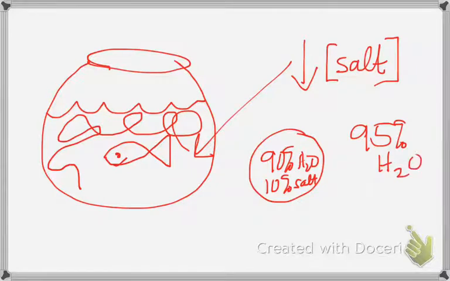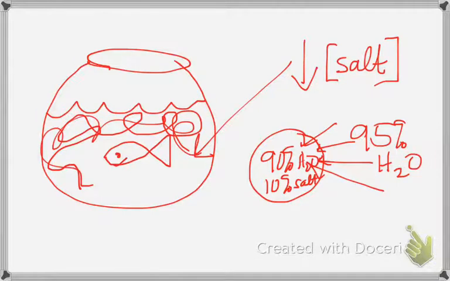It was really pure. So water was flooding in, causing massive cell damage, which was affecting the fish's equilibrium, and it was killing the fish. I was watching it die. It was horrible. I went, oh my gosh.